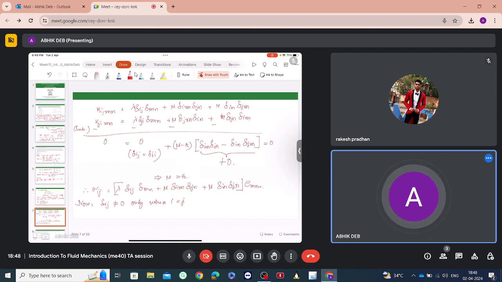Now we take these terms. Lambda into delta ij delta mn emn will not be equal to 0 when i equals j and m is equal to n.